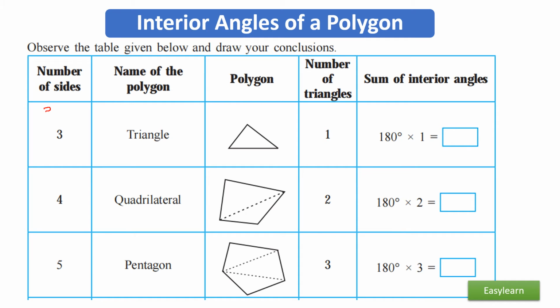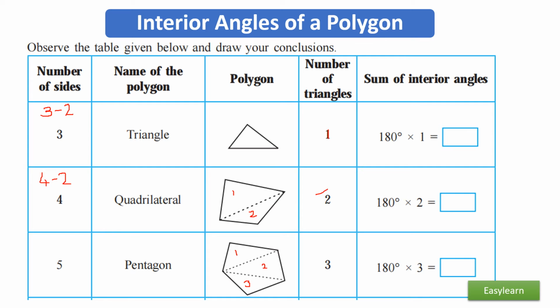So if this is 3 minus 2, I get the number of triangles as 1. Then for the second one, if the number of sides is 4, minus 2, I will get the number of triangles as 2. This is the first triangle. This is the second triangle. In the third, a pentagon, 5 minus 2 is 3. So 1, 2 and 3. I will get 3 triangles.